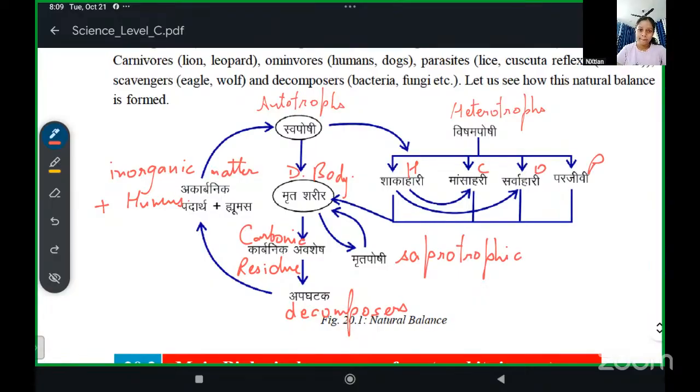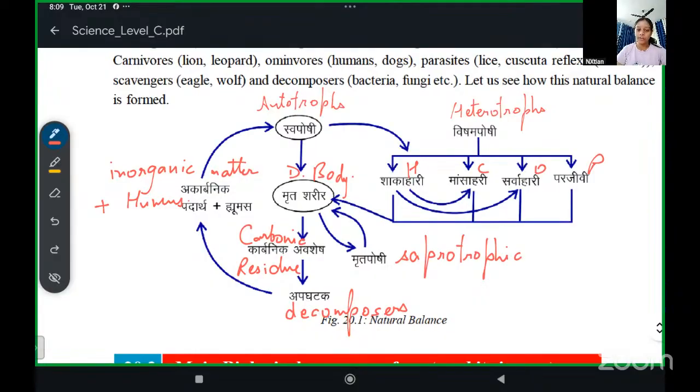It is the same as in decomposers. Their dead body is broken down into simpler substances and converted into carbon residue by decomposers and saprophytes.